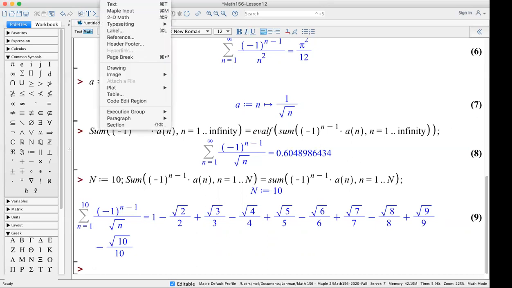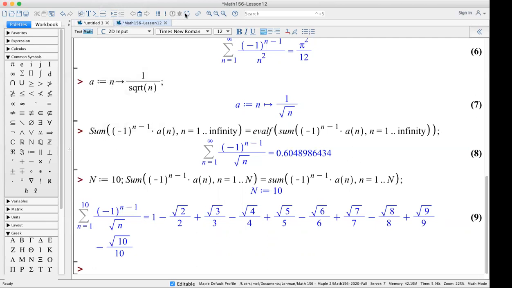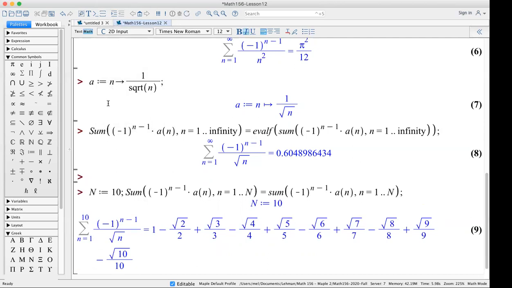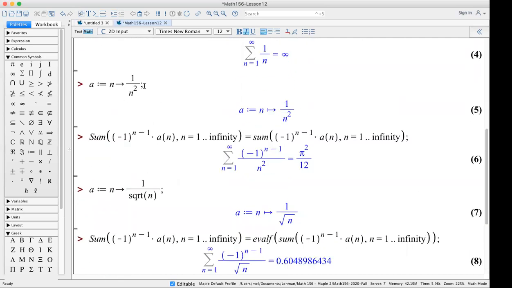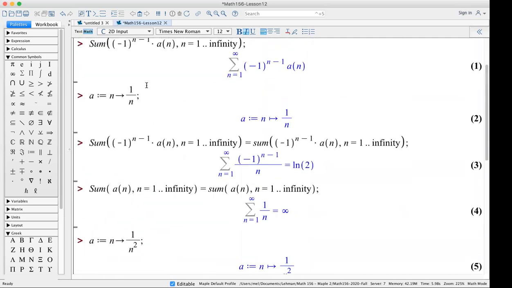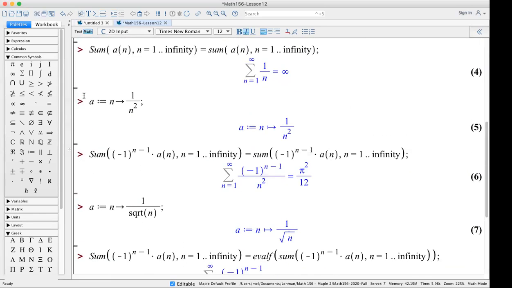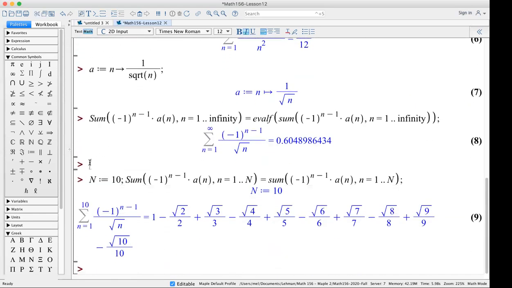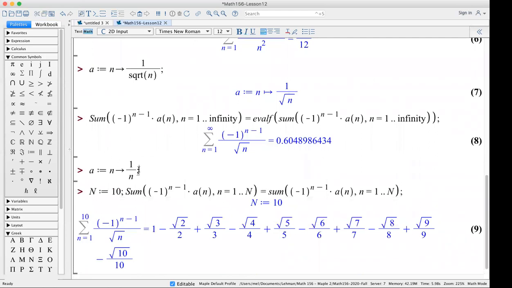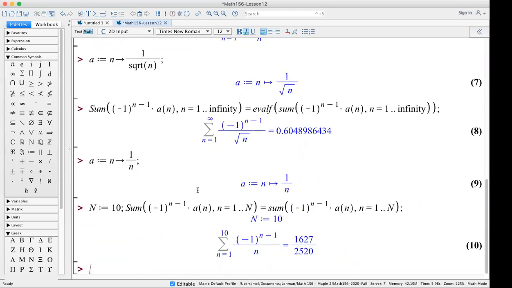Let me make it easier. This is a nice example, 1 over n. So this is the sum of the first 10 terms of the alternating series.